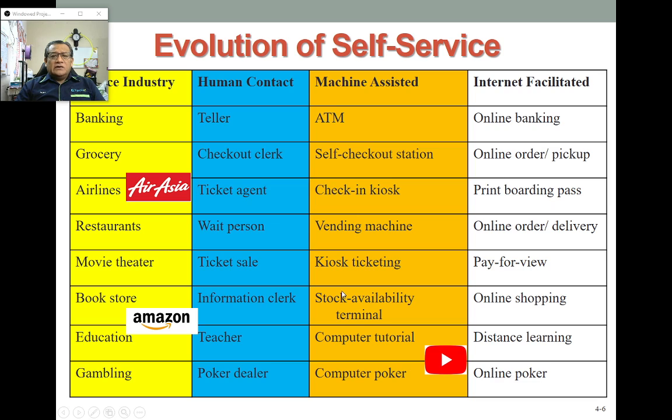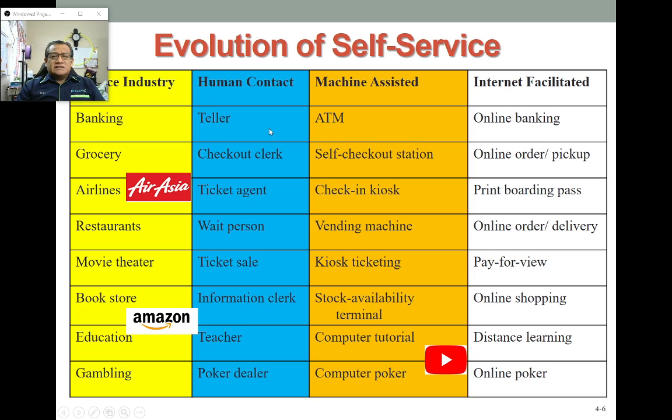Let's take a look at the evolution of self-service. There are many types of industry that use self-service, for example banking, grocery, airlines, bookstore, education, and so on. So this is the human contact part for banking. Normally, a customer will deal directly with the teller, who is a bank employee.